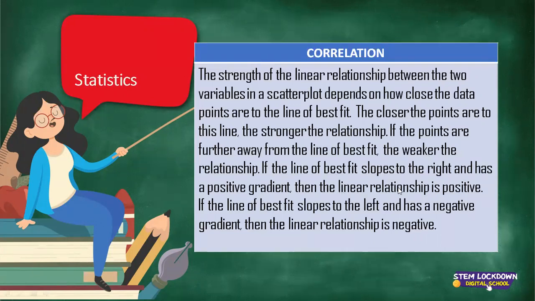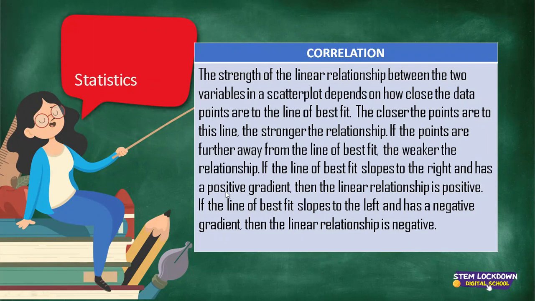We can have different types of relationship: a positive relationship or a negative relationship between the two variables. When the line of best fit slopes upward to the right, we say such a line has a positive gradient, and it's a linear relationship.